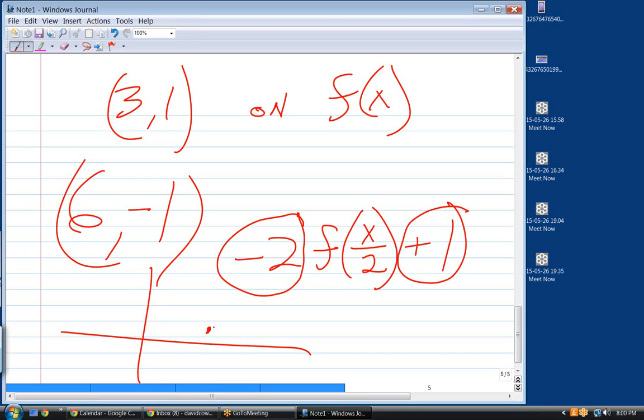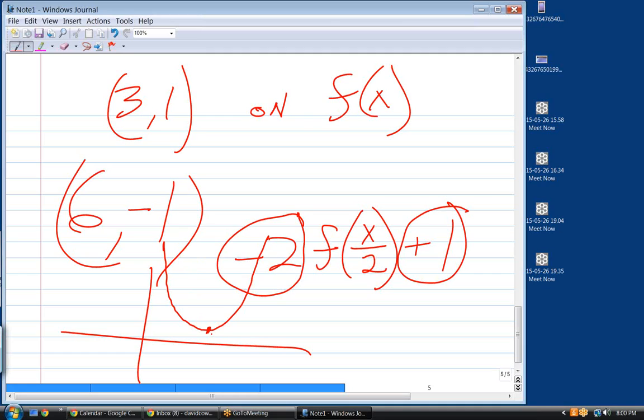If I had a curve that the point (3, 1) was on, let's pretend that that's the curve. We don't know what the function is. But what I know is that the function is being reflected.